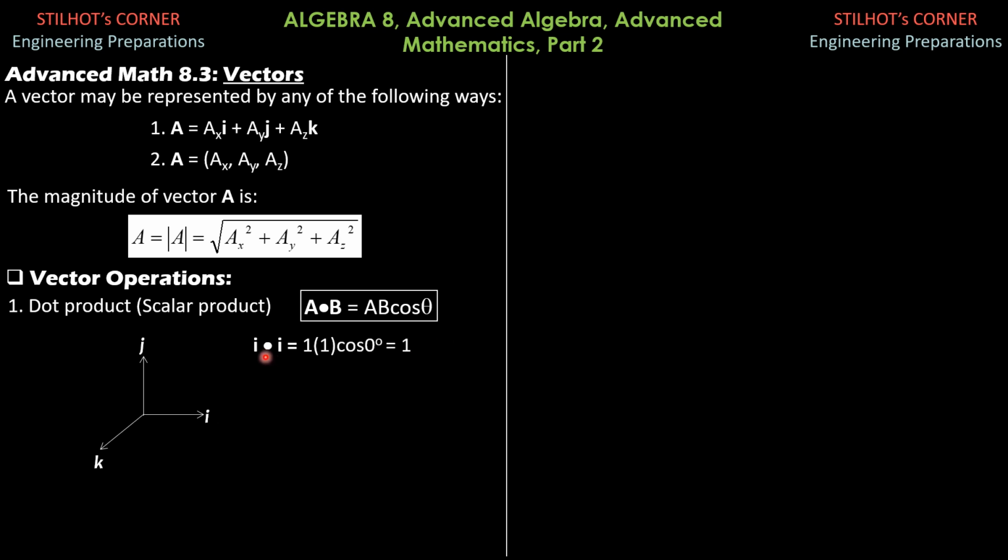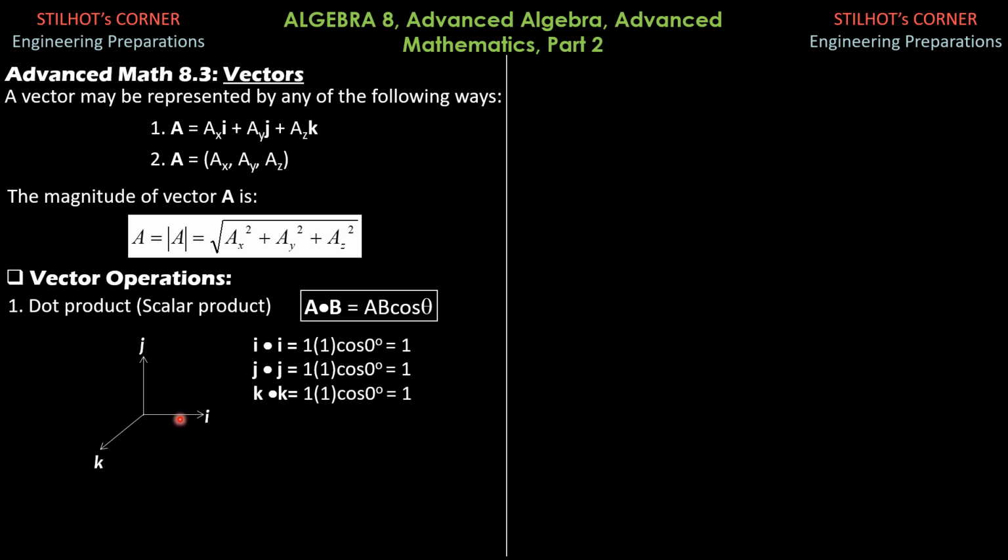So again, magnitude of i is 1, magnitude of the other i is 1, the angle between i and i is 0 degrees or 0 radians, cosine of 0 is 1, so that's why it is 1. j dot j is also 1, k dot k is also 1.